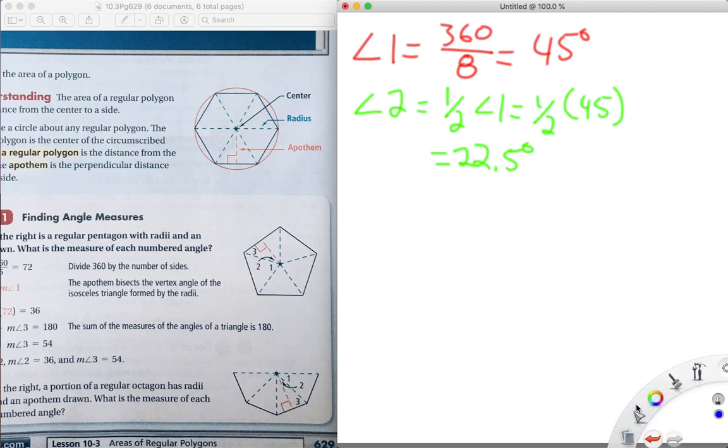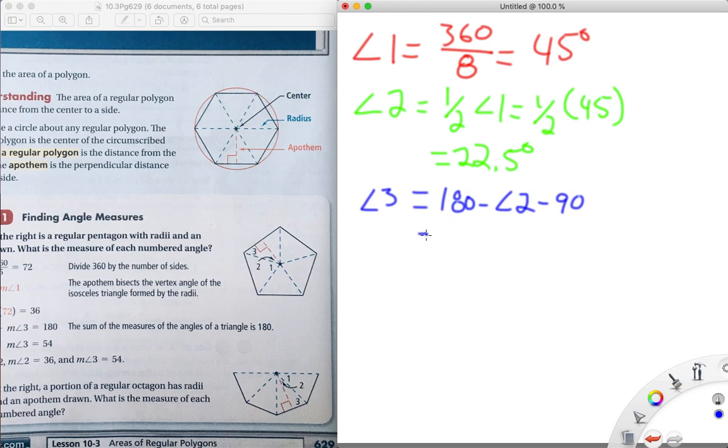Then we have our angle 3, and remember that angle 2 plus angle 3 plus this 90-degree angle forms this little triangle. So to find angle 3, all I have to do is subtract: 180 minus angle 2 minus 90 degrees.